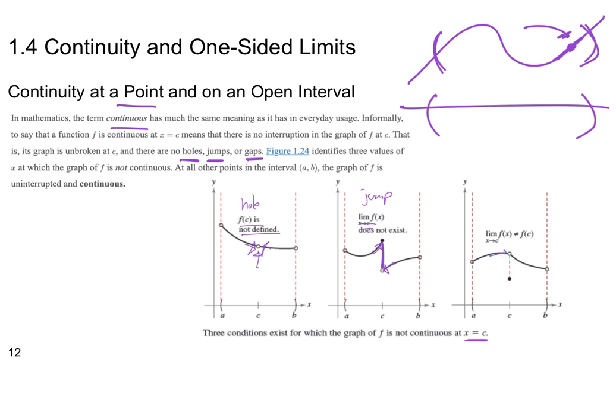This one, the limit exists, but the limit as x approaches c of f of x does not equal f of c. So these are three conditions for which the graph is not continuous at x equals c. So if the limit doesn't exist, if it's undefined, or if the limit doesn't equal the value. And we're going to use those in our formal definition.